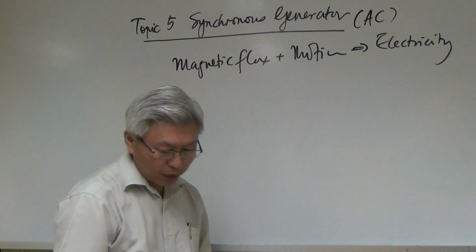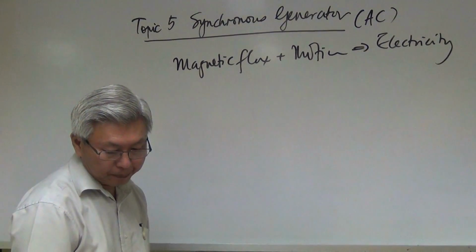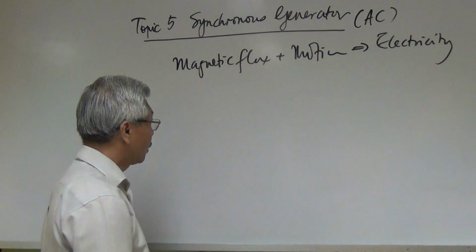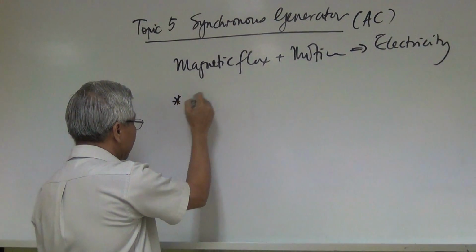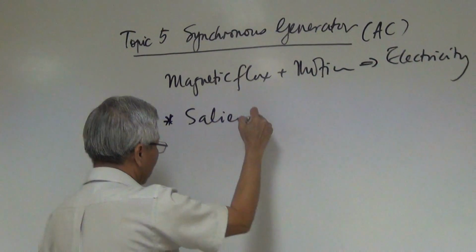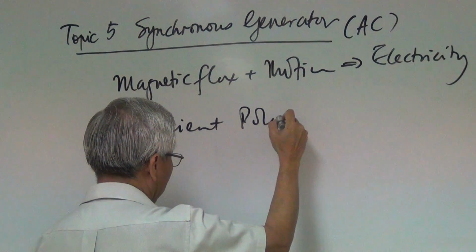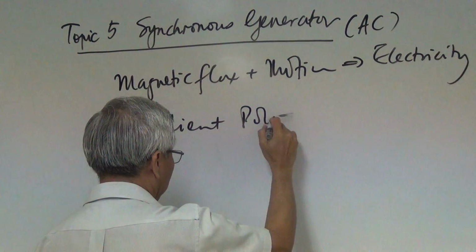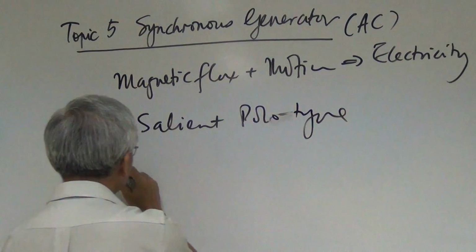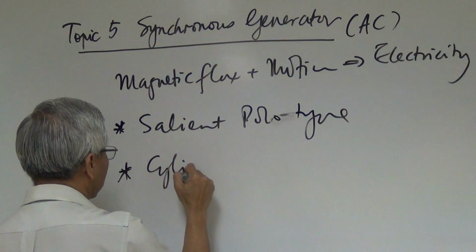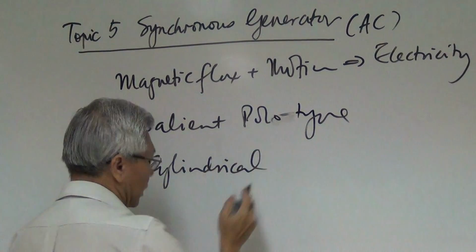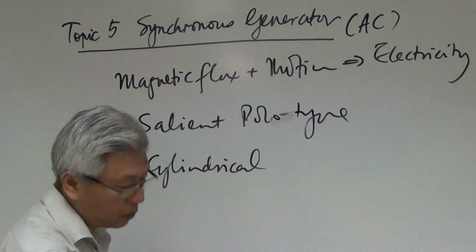Now that describes to us that there are two types of synchronous generator. They are the salient pole type and the cylindrical rotor type.